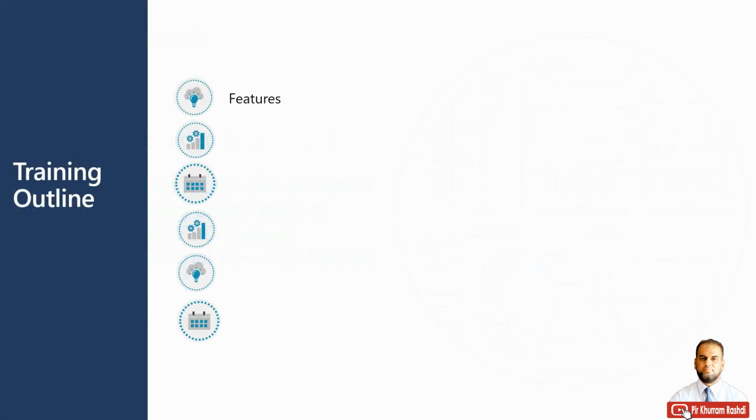Okay, let's explore what will be covered. Basically I will cover the features of Power BI embedded, and we will also cover a very interesting topic called entity store and what its features are.